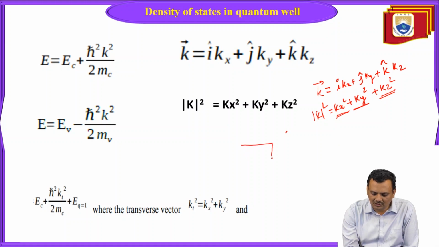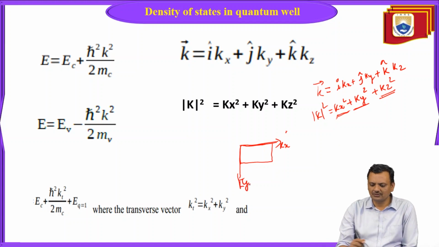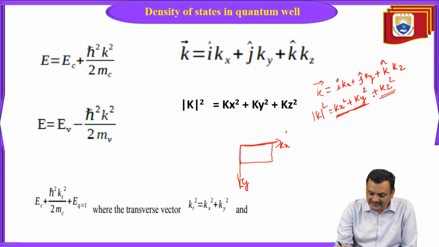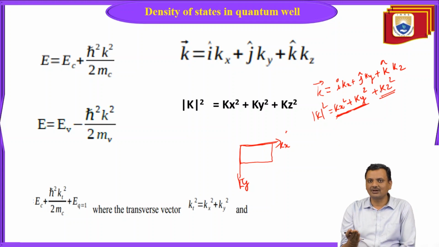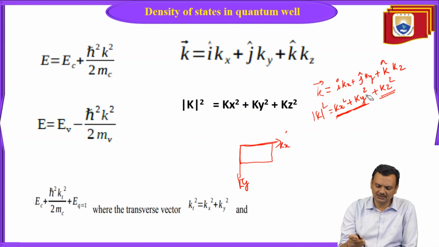Let's suppose this is your plane. So x and y for this plane are what? The transverse component, kx and ky. Due to the variation of x and y only, you will get the variation of the density of states, because the z value will be fixed.